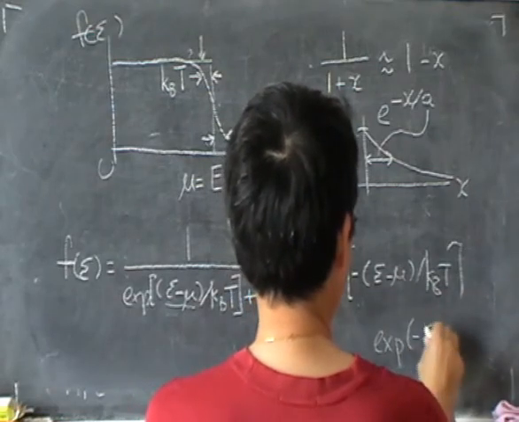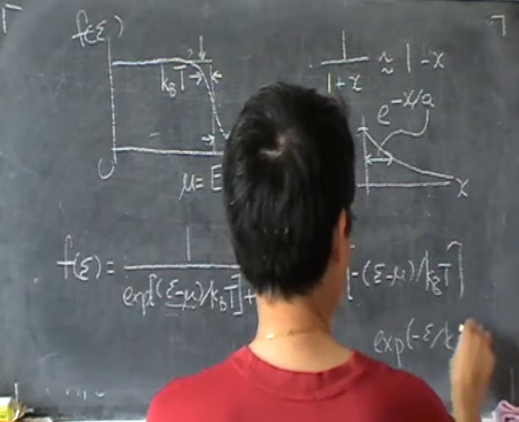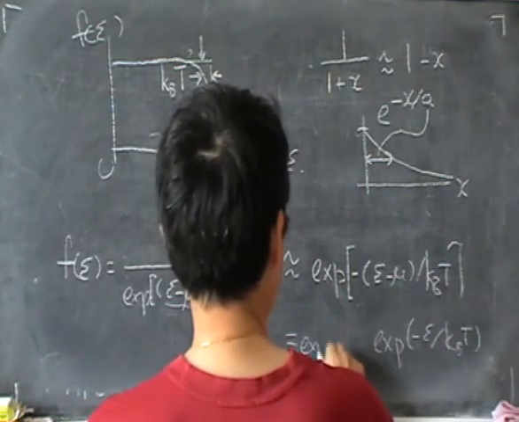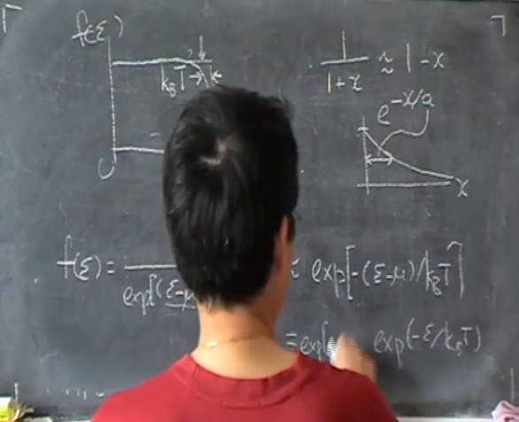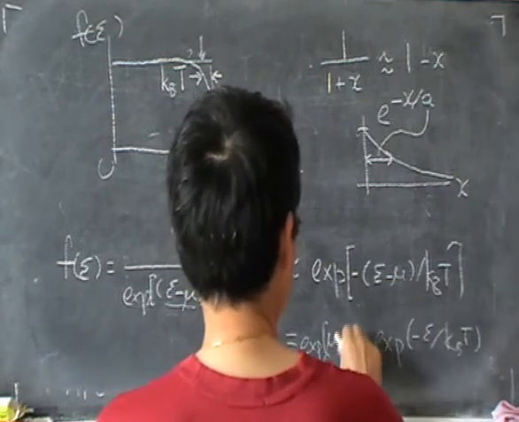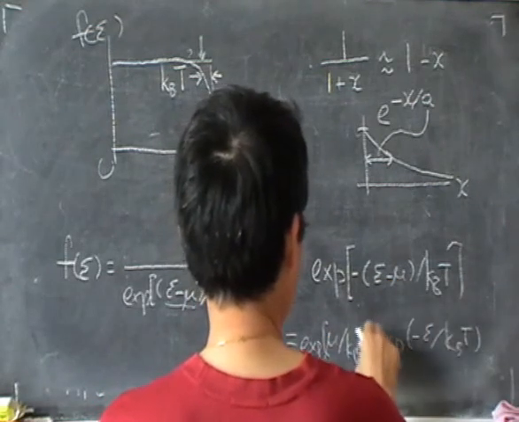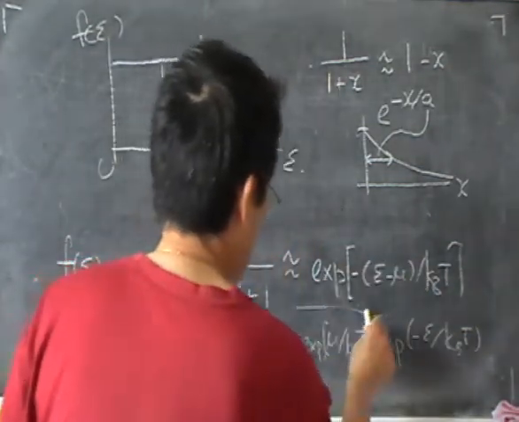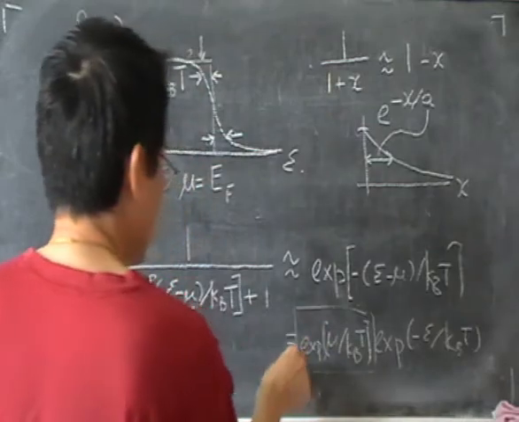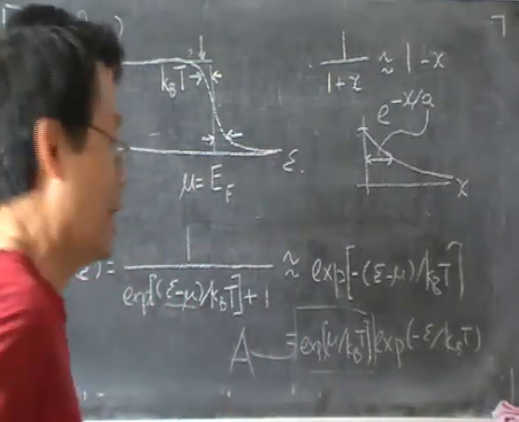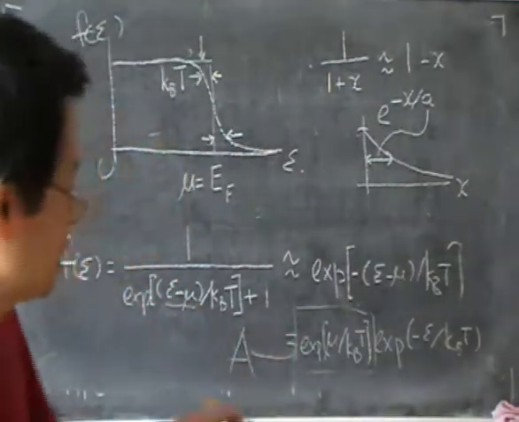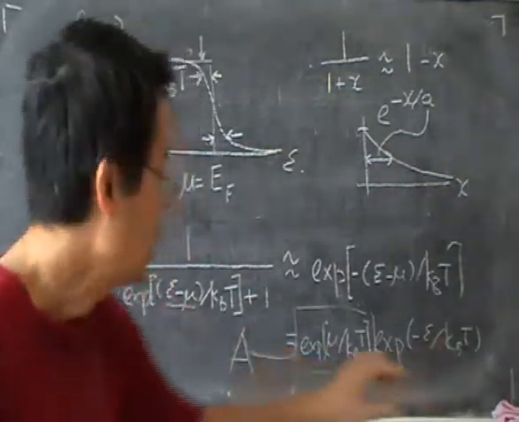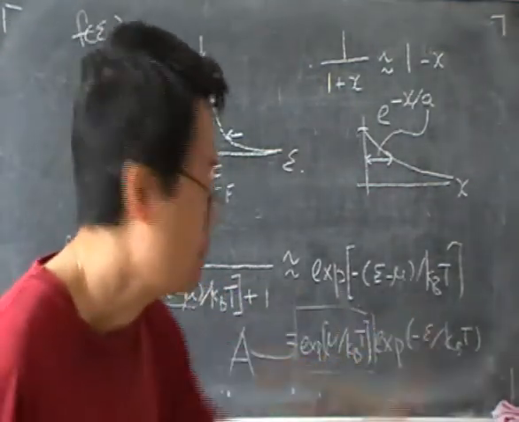So this will be exp of minus E over kBT, and the mu part will be exp of plus mu over kBT. I can rename this as A, since mu is a constant with respect to energy.